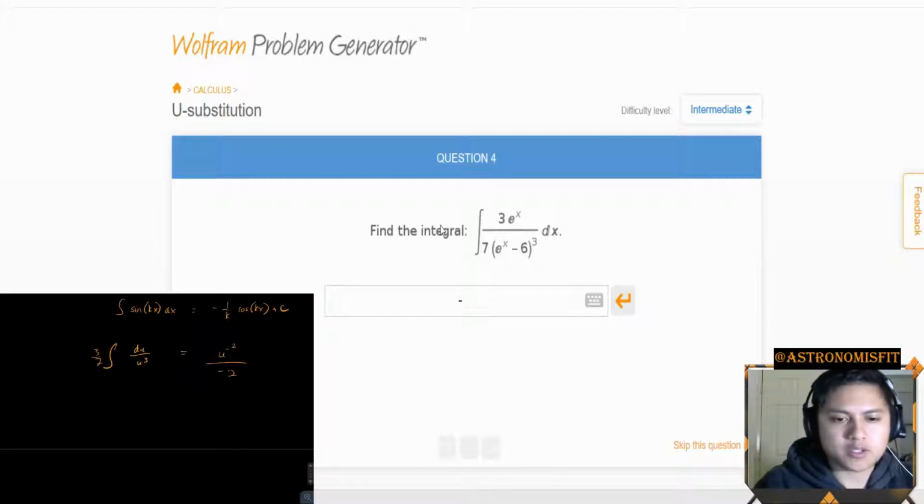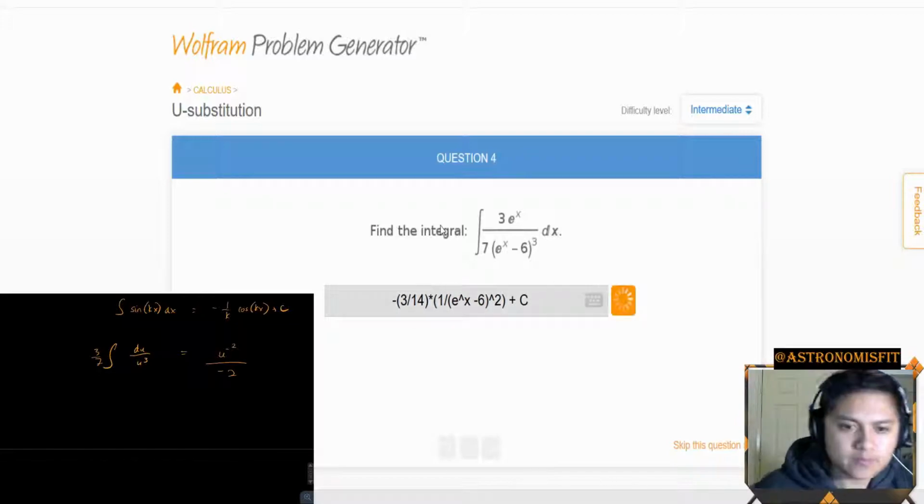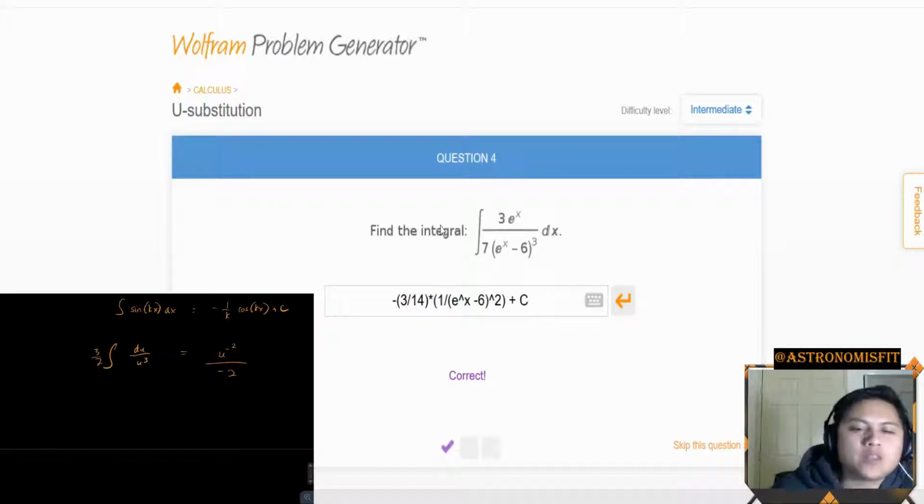So I think I have a minus 3 divided by 14 times... now I have to have u to the minus 2. So that's pretty much 1 over (e to the x minus 6) squared, I think, plus c. Bingo.